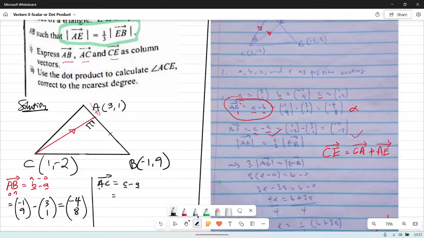What is C? C is 1, negative 2. What is A? 3, 1. So negative 2, negative 3.